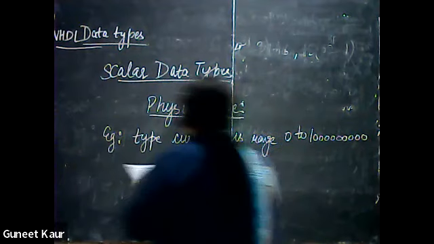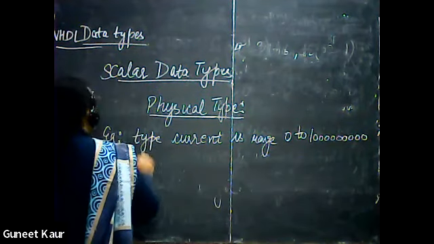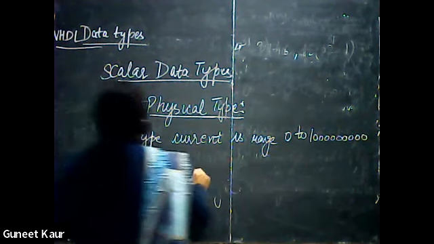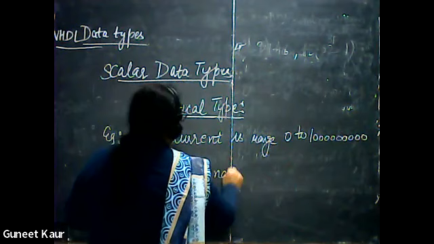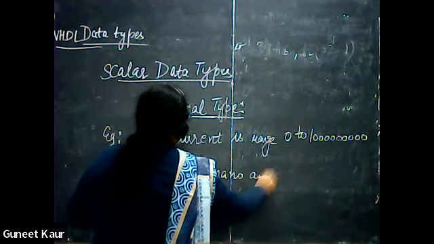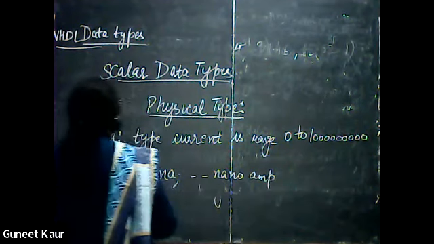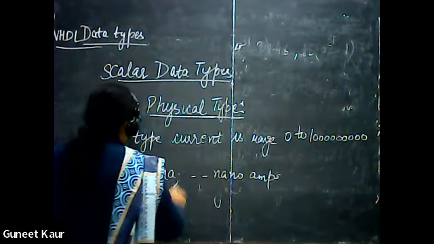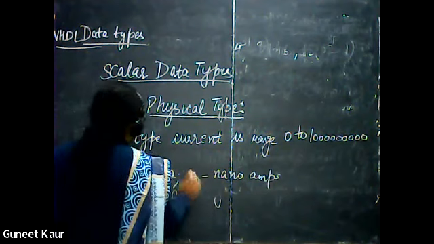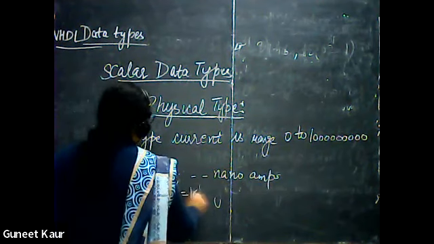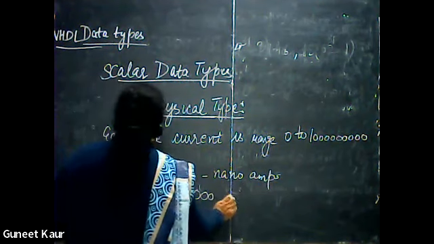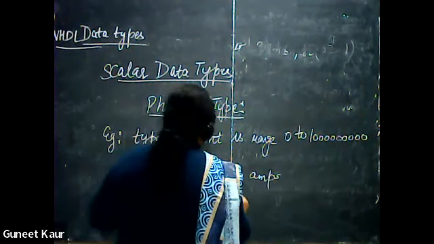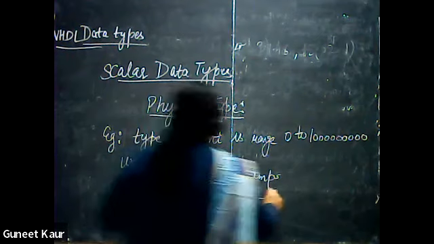Then units are NA, that is nanoampere, then UA, where UA is equal to 1000 NA, that is micro amps.